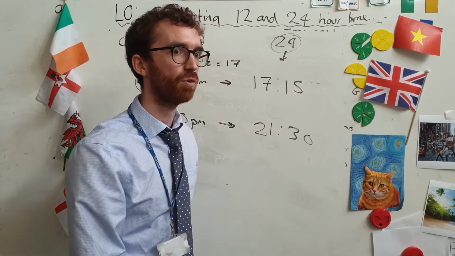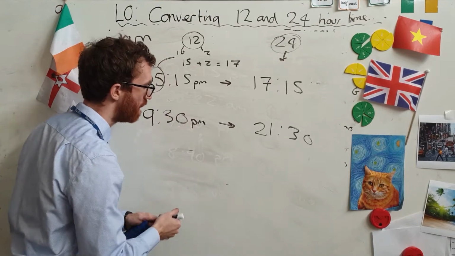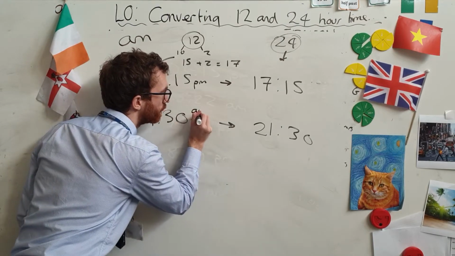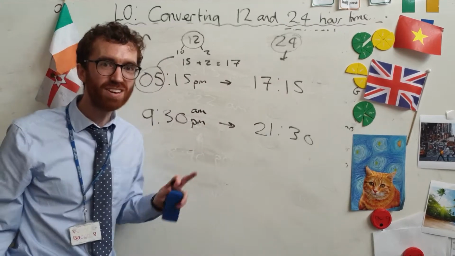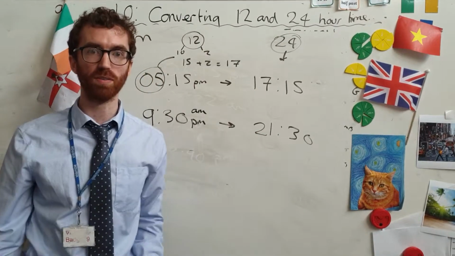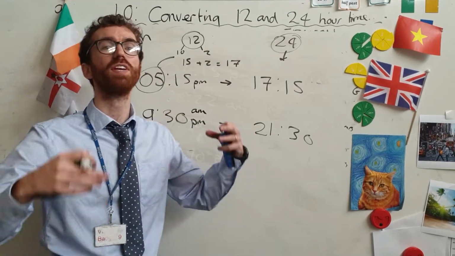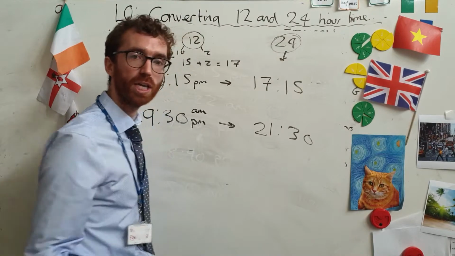Oh, wait a second, I arrive, there's no plane until the afternoon. I missed the PM and the AM. If you look at PM and AM, they look really, really similar, don't they? Whereas if the time said 21:30, I know it's the afternoon, it's really clear. This is really important when you're timetabling, when you're giving out instructions. The 24-hour time is a really great way to do it.